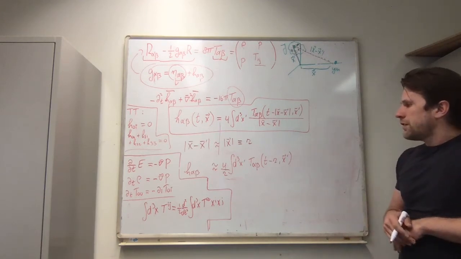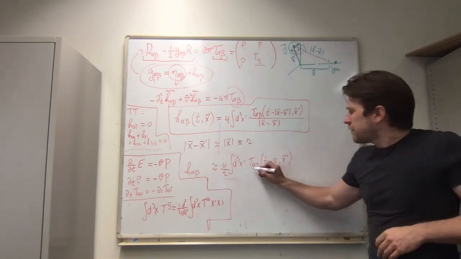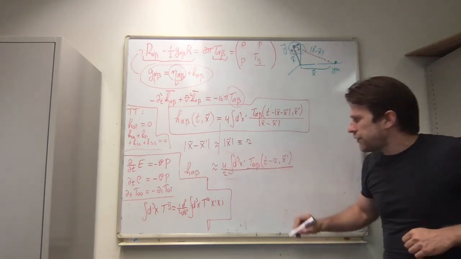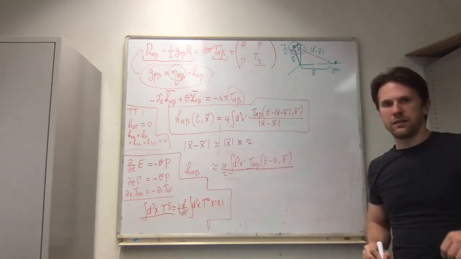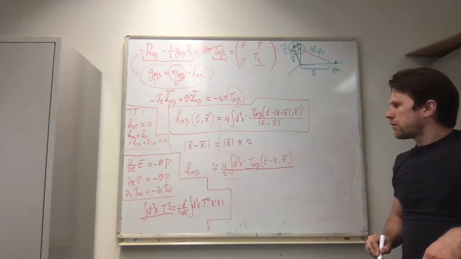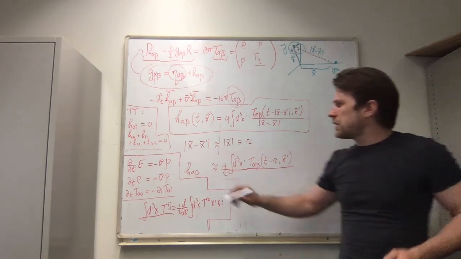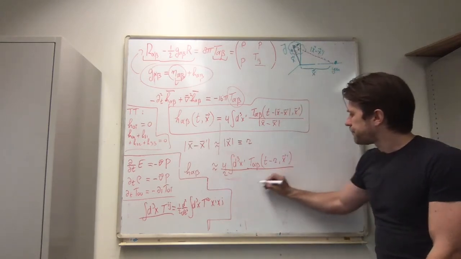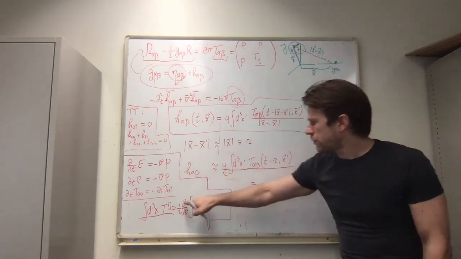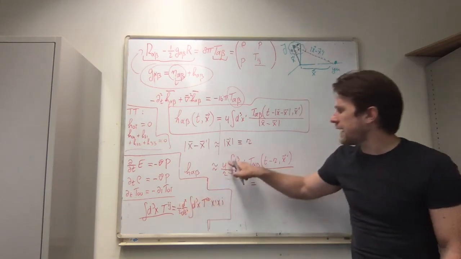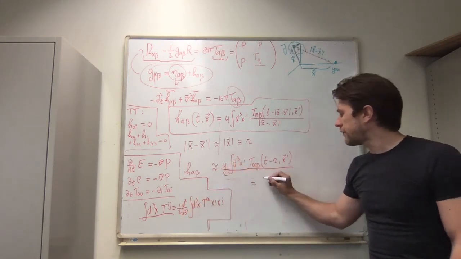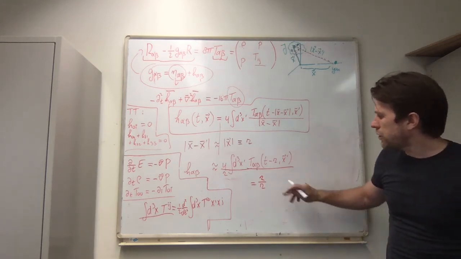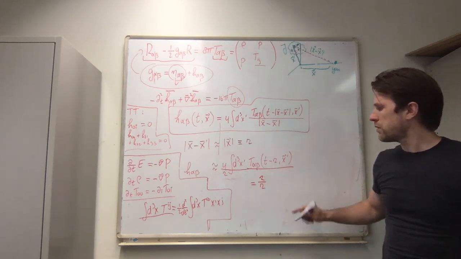Again, the reason that I do this is because what I have here now, including the d3x, is exactly what I have here. So just by the laws of mathematics and the fact that you have a conservation of energy and momentum, you can write this thing as minus, notice that the minus 1/2 cancels the 4 here, so you get 2 over r. And now I have to be very careful that you don't confuse the 2 and the r, but there you go.